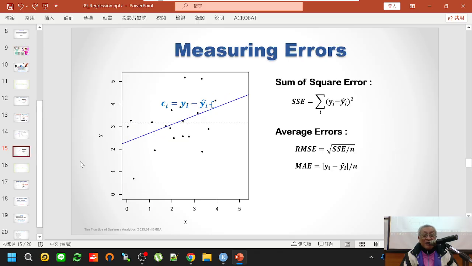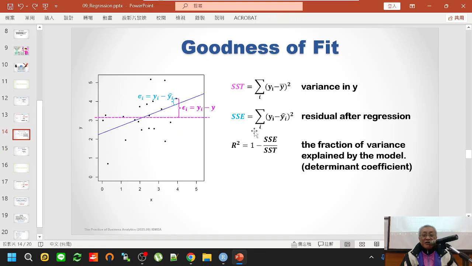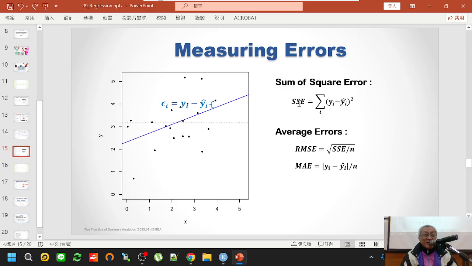And the other way to measure the error is to use this SSE. It's actually the same as this SSE, right? So with this SSE, we can also calculate MSE and also MAE. Both of them imply the average error.